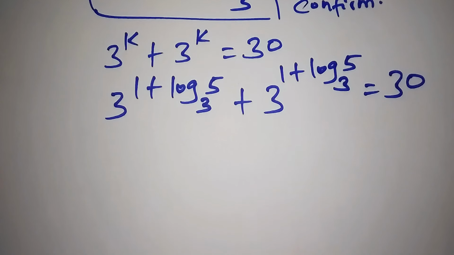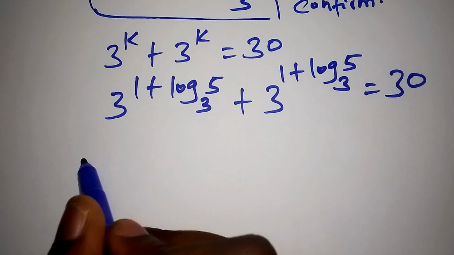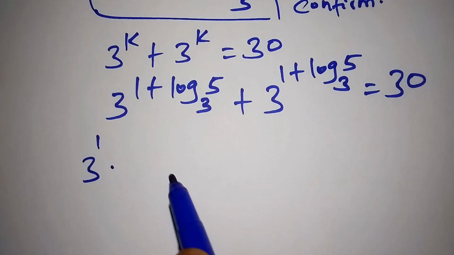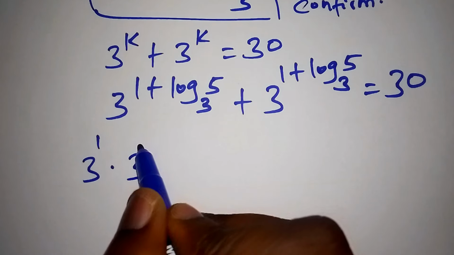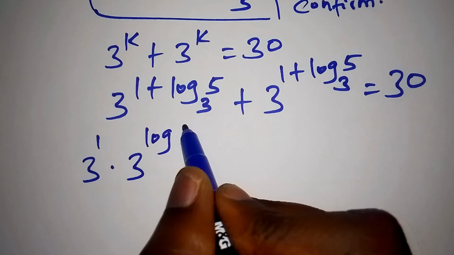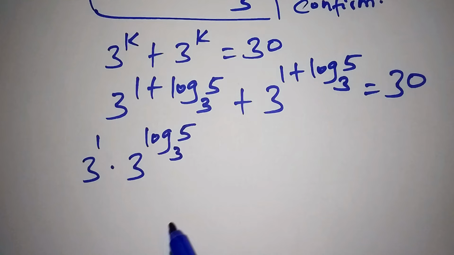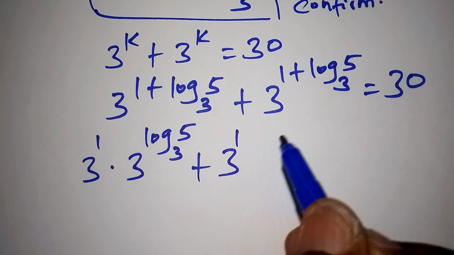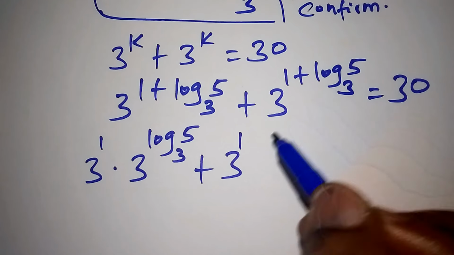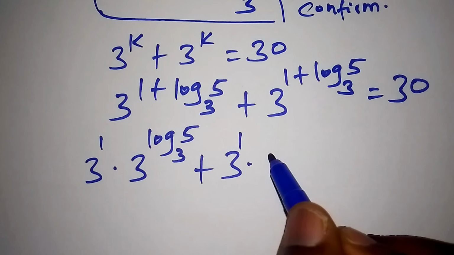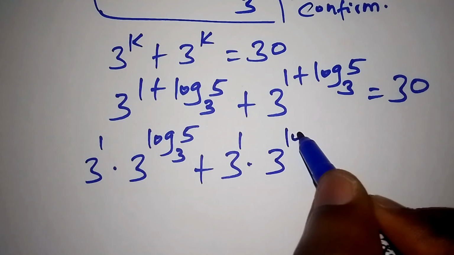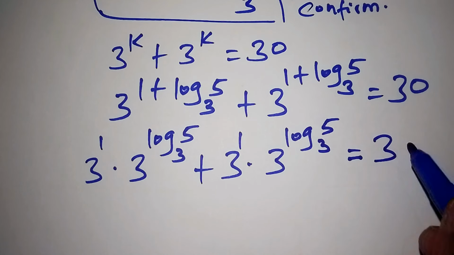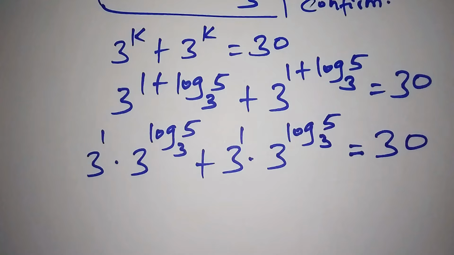When we open it, we have 3 to the power of 1, the plus changes to multiplication, that is 3 to the power of the log of 5 to the base of 3. Then plus 3 to the power of 1 times 3 to the power of the log of 5 to the base of 3, equals 30.